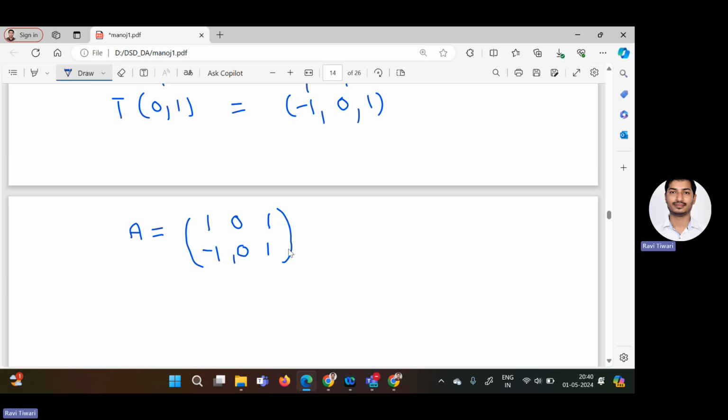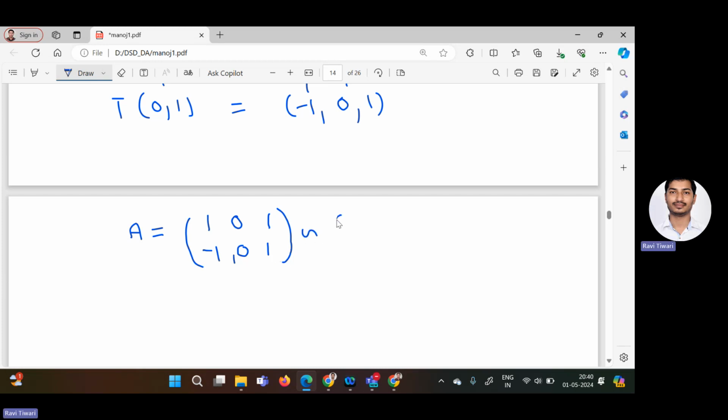What is the need of converting this image set into row echelon form? Because the range space is spanned by these vectors, and we need linearly independent vectors, because if you have linearly independent vectors, only then can they generate the entire space. I hope you are all aware of spanning sets and linearly independent sets. So why are we converting this matrix into row echelon form? Because we need linearly independent vectors in the basis of the range of this linear transformation.